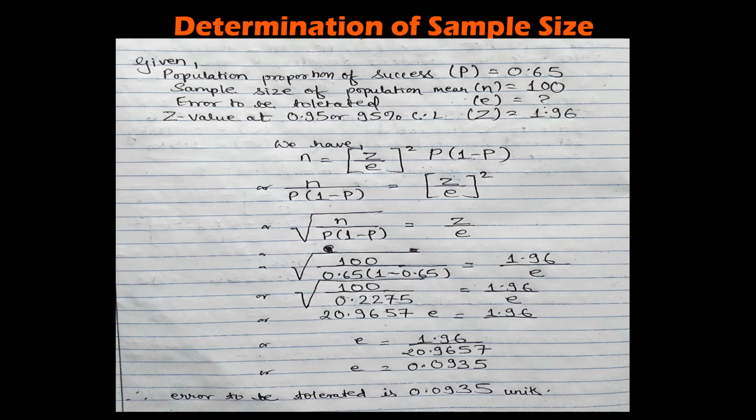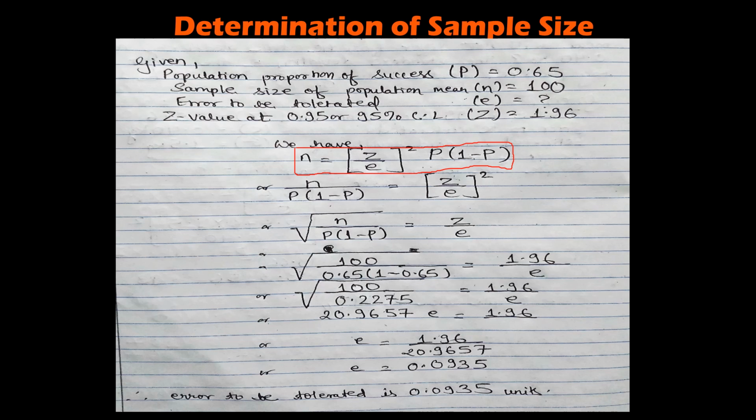Given population proportion of success P is equal to 0.65, sample size n is equal to 100, error to be tolerated E is equal to what, z value at 0.95 or 95% confidence level, z is equal to 1.96. So here we have to find out the value of E, and this can be found out by this basic formula we have for n, and that is this.